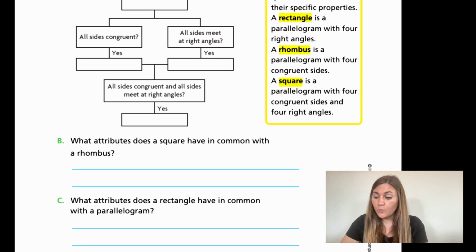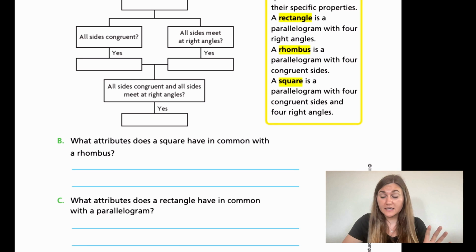Then for B, what attributes does a square have in common with a rhombus? So look at the square and look at the rhombus and just tell me what they have in common. And then for C, what attributes does a rectangle have in common with a parallelogram? So now you're going to look at the rectangle and the parallelogram and then tell me what those 2 shapes have in common. All right, so go ahead and try this page on your own. Hit pause and then we will come back and do it together.